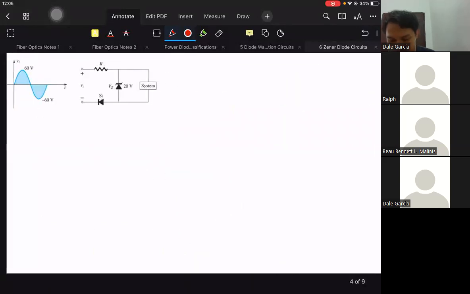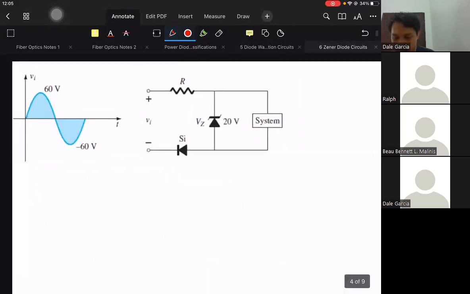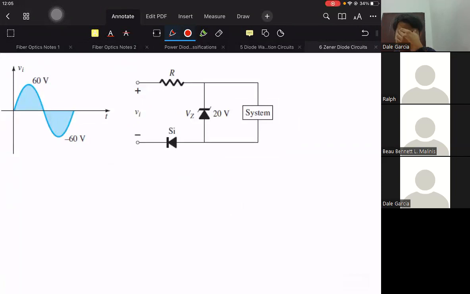So, next example. What about this one? It's more complex, but this is just to prove a concept. In this manner, our Zener diode acts as a protection circuit.